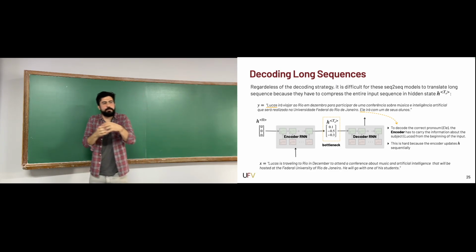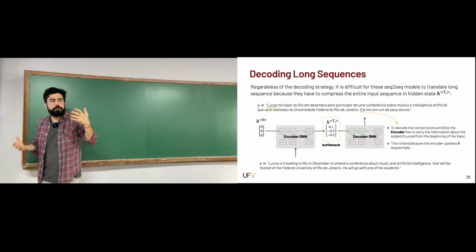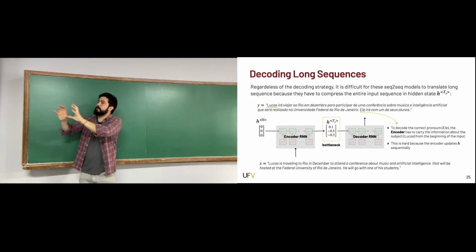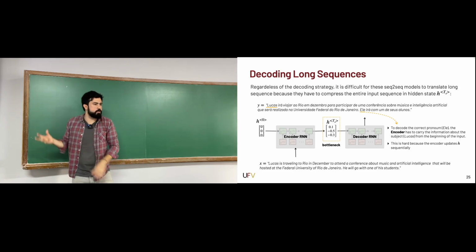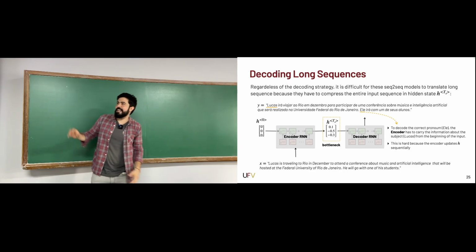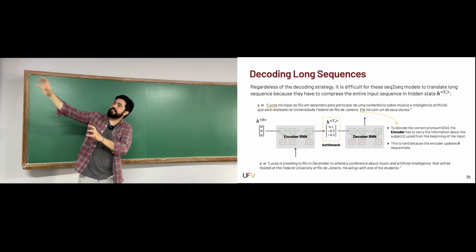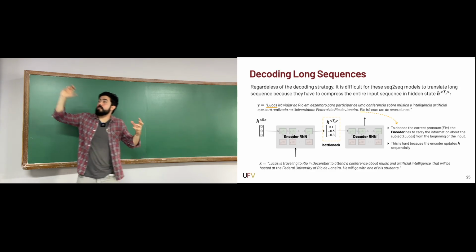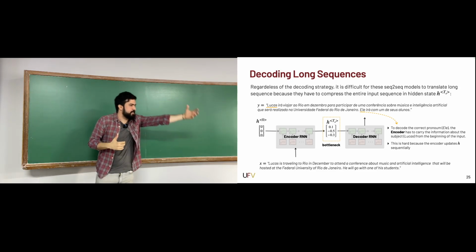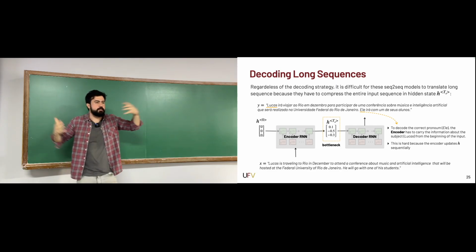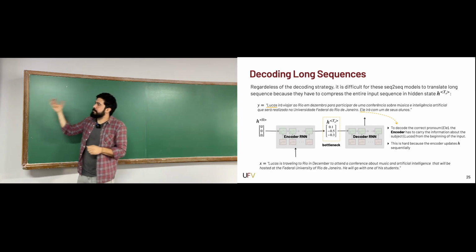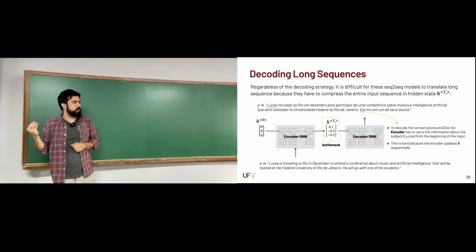And even if you increase the size of your hidden vector, it still becomes very hard. Because there's just too many things to keep track of to produce a good translation, okay? That's just one example, right? The subject of the sentence is going to be at some other place, so you have to remember all these things to actually be able to produce good translations. And that's the problem we're going to try to solve with attention, okay?